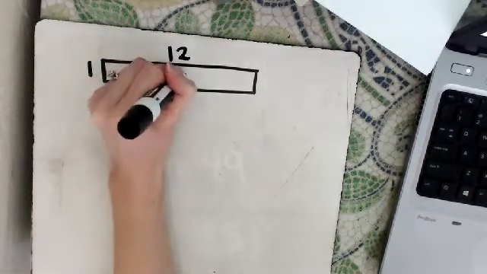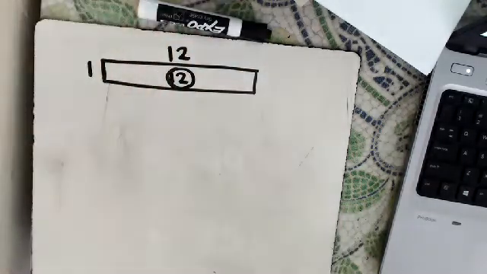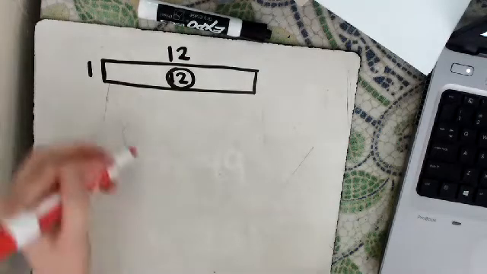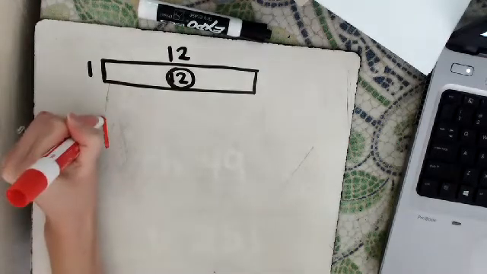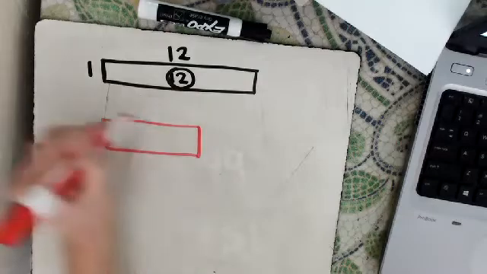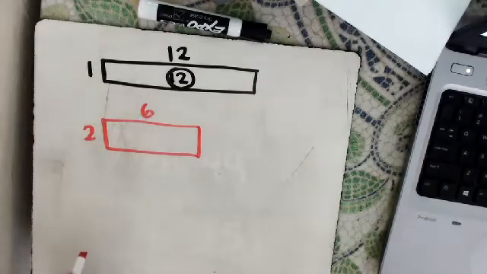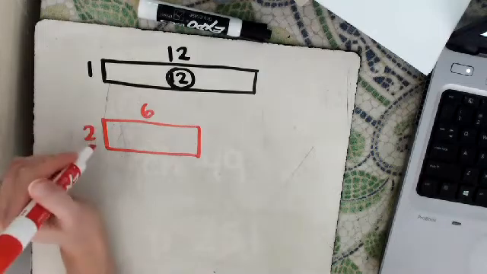There'd be 12 unit squares inside. The next one it listed was that it would have a width of 2 and a length of 6. So that's kind of what that would look like. And I'm kind of leaving units off, but don't worry, it's okay. Just for now, we can kind of skip the units.